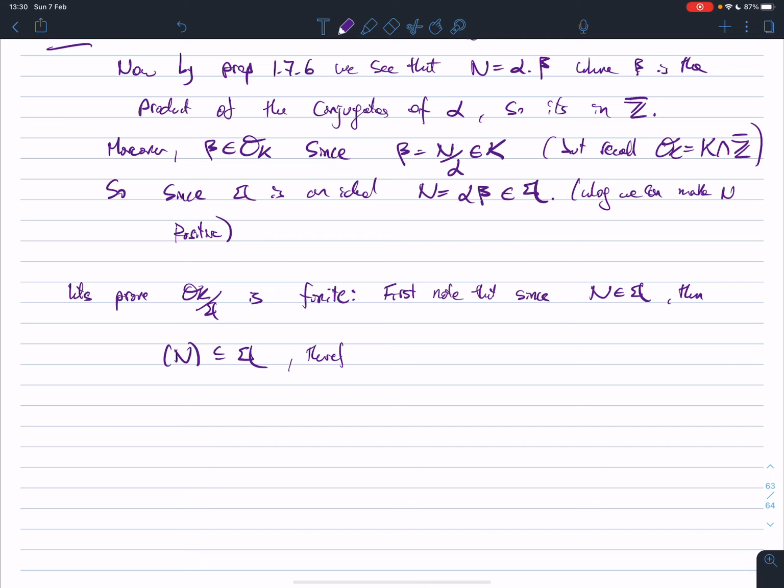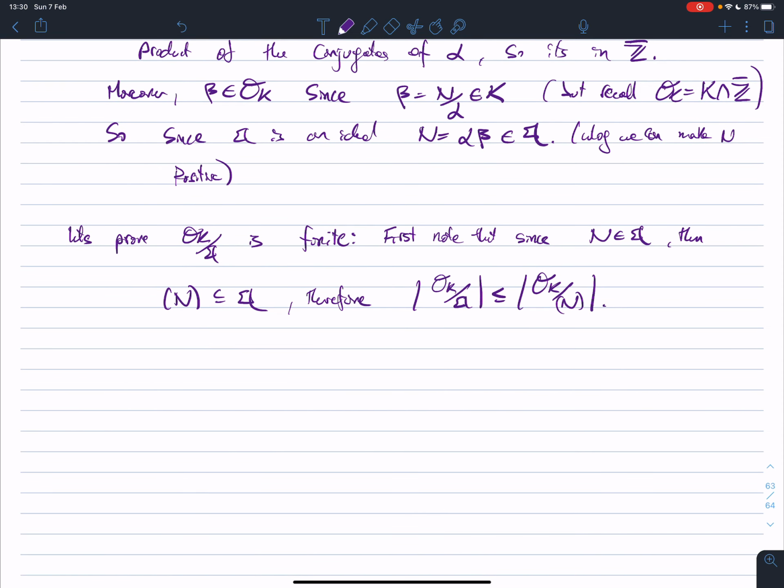Therefore, if you think of the quotients, the size of the quotient O_K mod A has to be smaller than the size of O_K mod this ideal n. This is just some basic group theory.